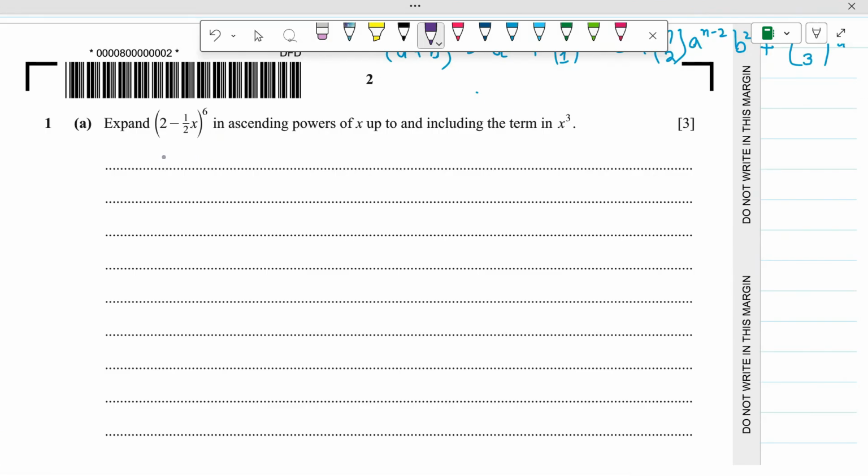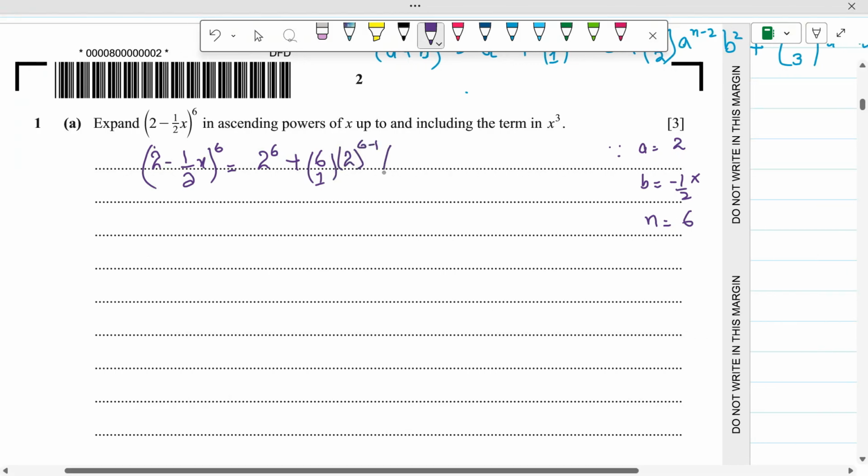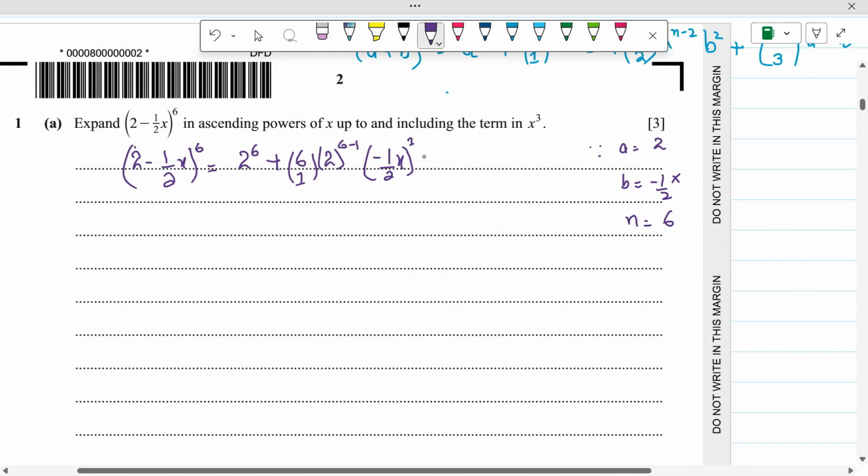So this one is (2 minus 1 over 2 x) to the power of 6. In this case, a equals 2 and b equals negative half x, and n is 6. So 2 to the power of 6 plus 6C1 times 2 to the power of 6 minus 1 and b, which is negative half x to the power of 1.